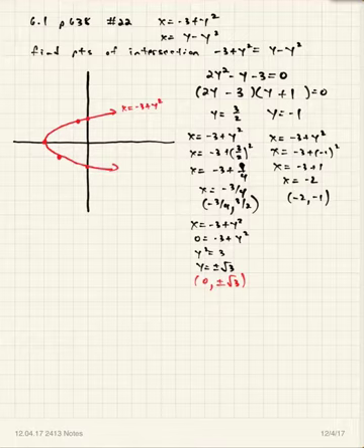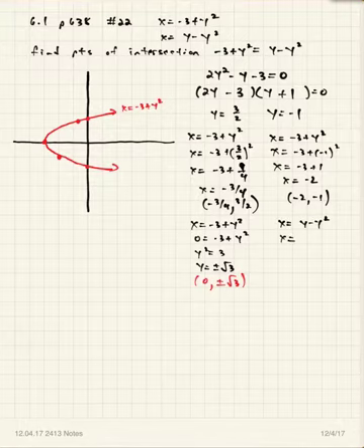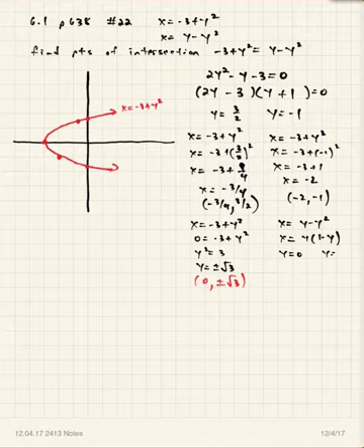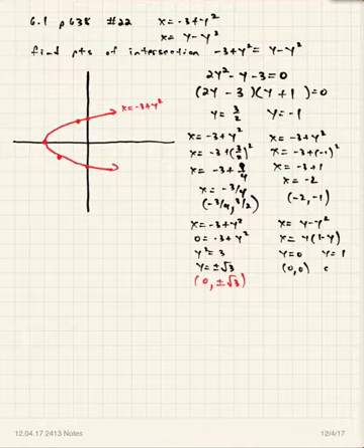And then x = y - y². Let's have a look at that one. First of all, you could factor out a y there, and you get y(1 - y). And notice when x is 0, y is 0 and y equals 1. So you get (0, 0). This one goes through the origin, and it also goes through (0, 1).